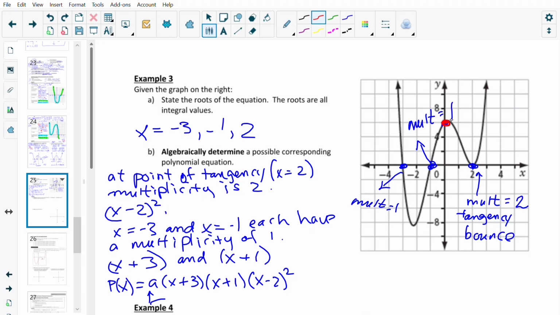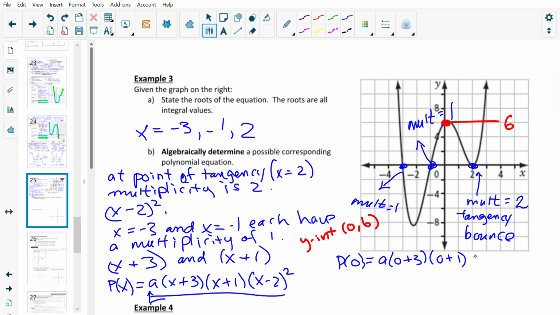Let's figure out this a value. I have a y-intercept at 6. So based on that y-intercept at 6, let's algebraically determine the a value. So P of 0 equals a times 0 plus 3 times 0 plus 1 times 0 minus 2 squared.